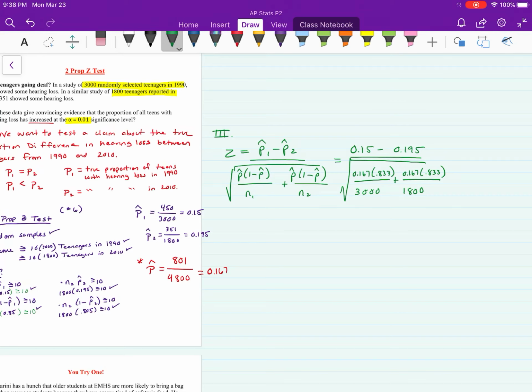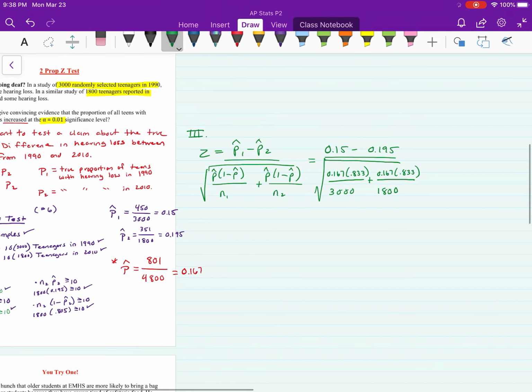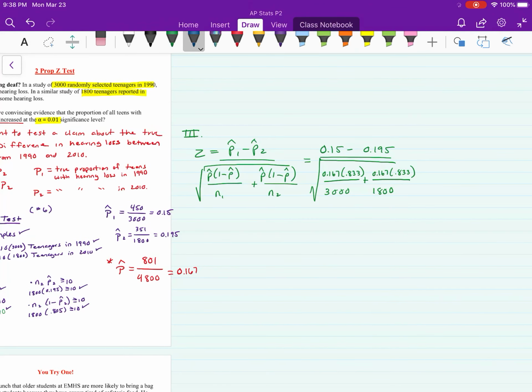All right, graphing calculator, go down to number 6, punch in everything that it asks you for. And ultimately what happens is we get a z-score of negative 4.05, which turns into a p-value of 2.58 e negative 5.